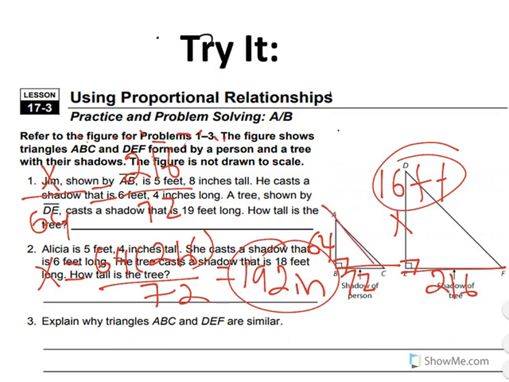And they have the same sunlight, so that means that this angle and this angle are congruent, and then they're perpendicular to the ground. This angle and this angle are congruent. So then the two triangles are similar by angle, angle, angle.